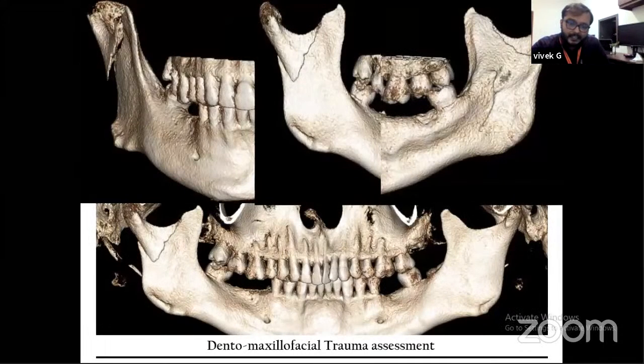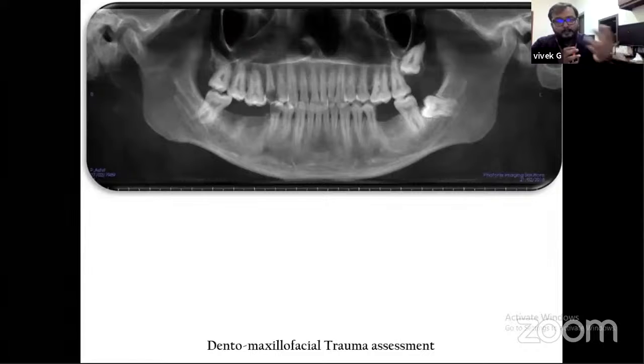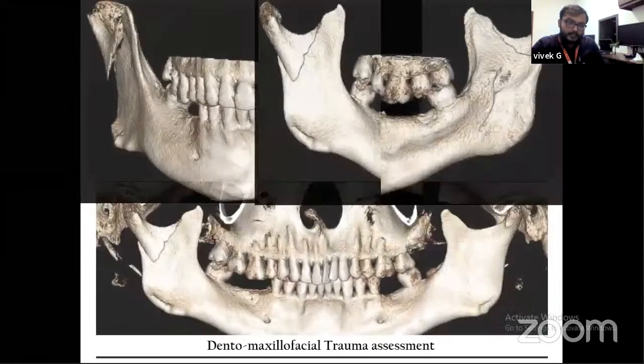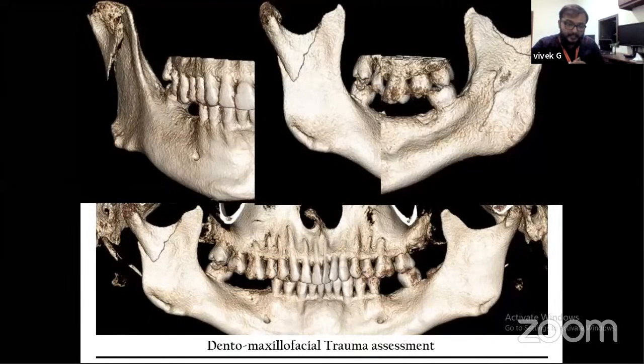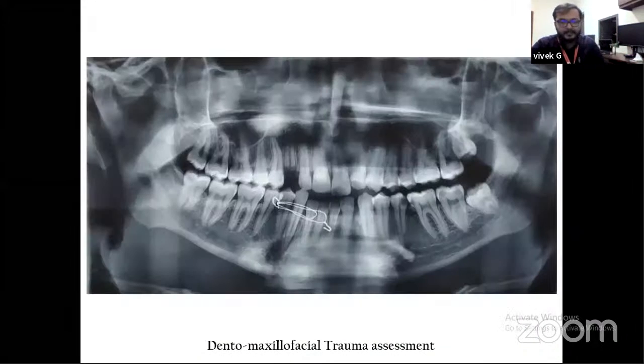But when you take a 3-dimensional radiograph and use the bone window, here you can see that not only has the condylar neck fractured, it has displaced laterally, and it has displaced inferiorly and anteriorly. Because it was overlapping in the panoramic radiograph, you couldn't see the proper boundary that was disrupted. Only the joint space was appreciable there. But in here, you can see the lateral displacement as well as the inferior displacement.